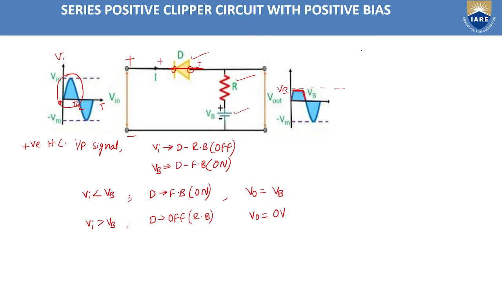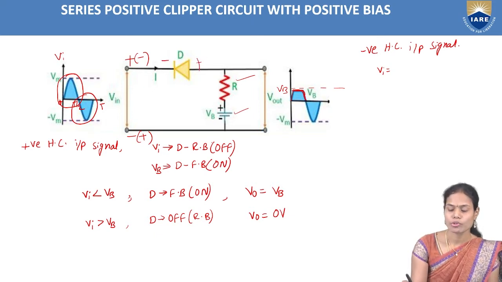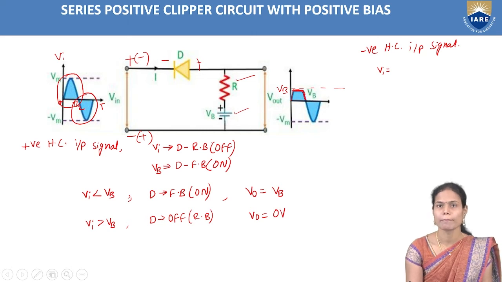And similarly, if you take the negative half cycle of the input signal, that is VA is negative now, here it is negative and here it is positive. So for the cathode terminal of the diode, we are providing the negative voltage, and for the anode terminal of the diode, we are providing the positive voltage through the battery.